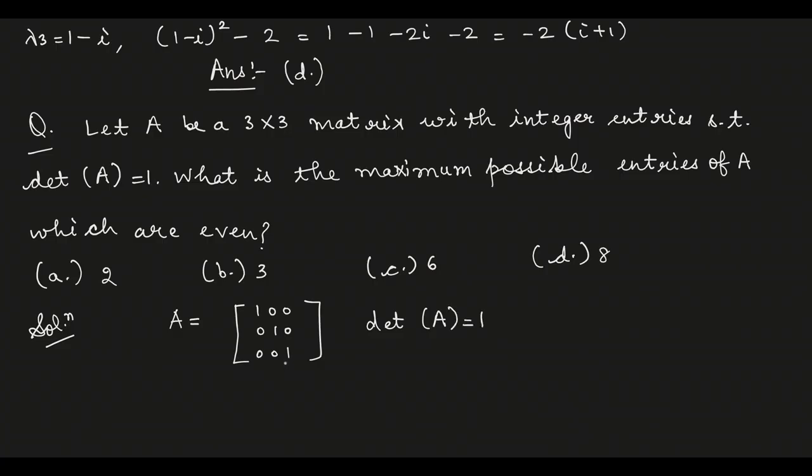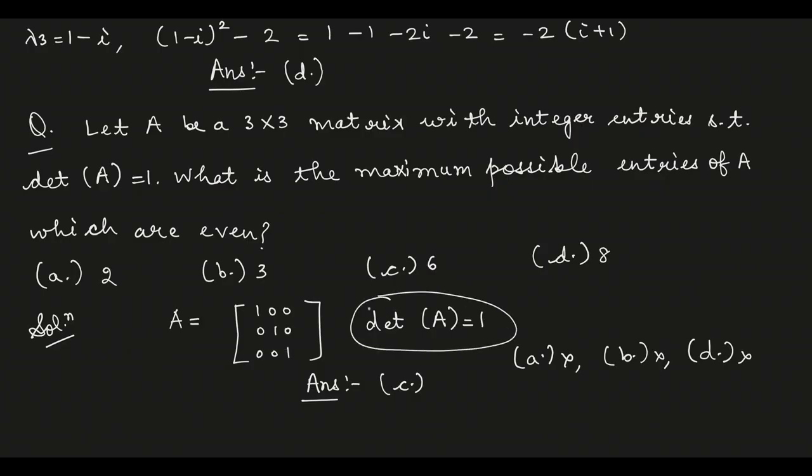So the answer will be C, because the remaining options will be discarded. A, B, D are discarded, because if I try to change the number of even entries, then the determinant will not be 1. If I try to change this last entry or any entry, the determinant will not be 1. But I want the determinant to be 1. So simply I can take an example.